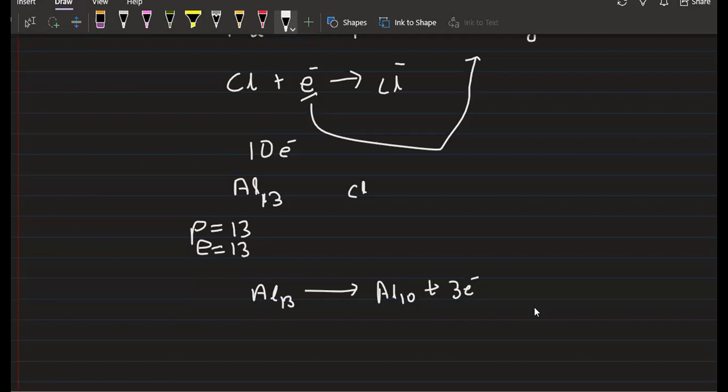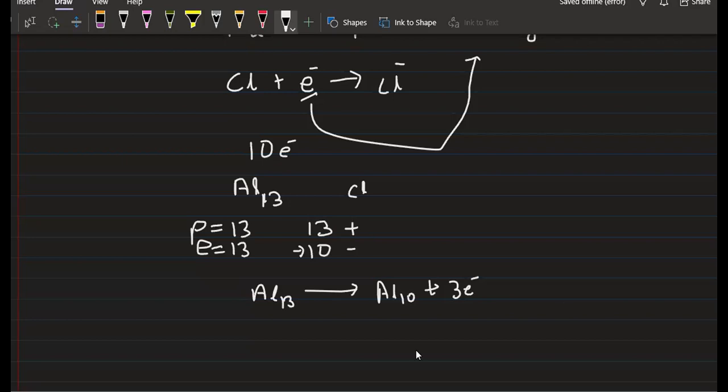Everyone is getting this now? Since it removed 3 electrons, now the number of electrons is 10, and the number of protons will be 13. So 13 plus and 10 minus.